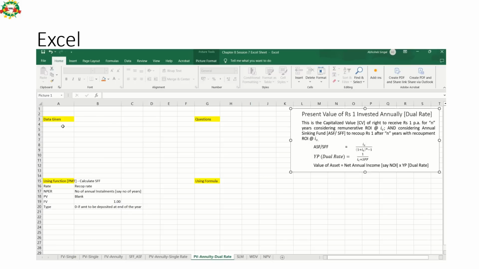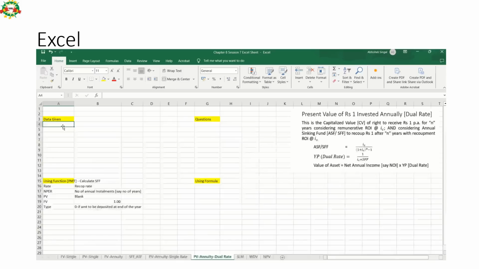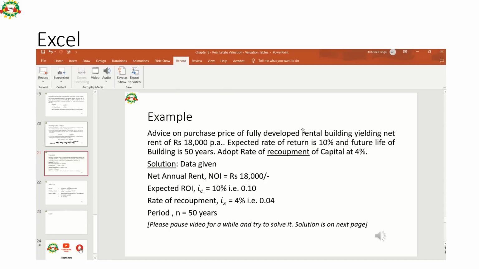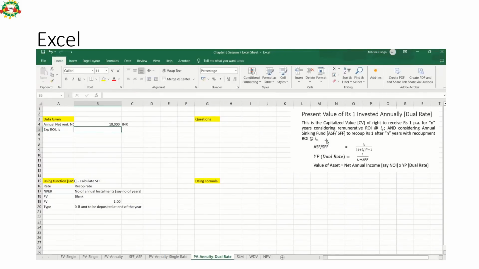So first of all, you have to write the data given in the question. In this question, we have been given annual net rent, NOI, which is 18,000 INR rupees. Then second is expected rate of return, expected ROI, which is 10% annual.